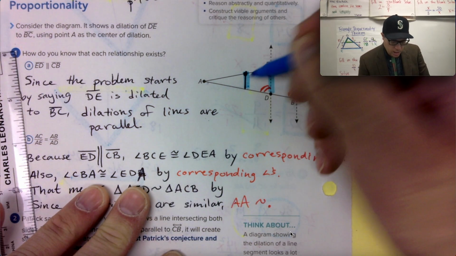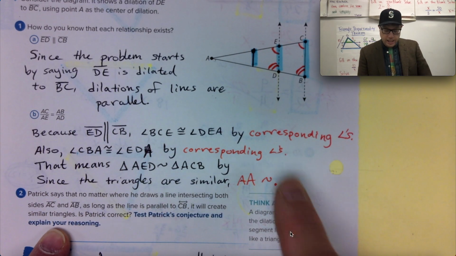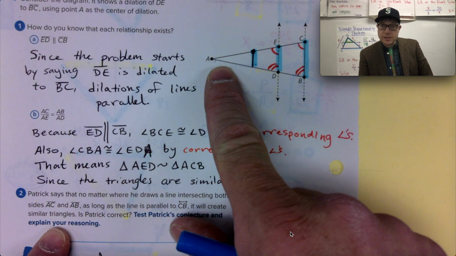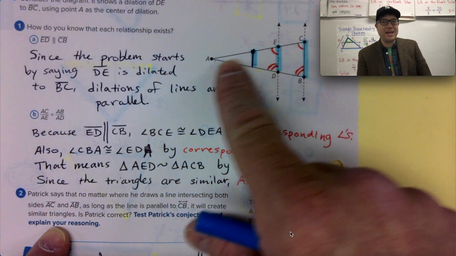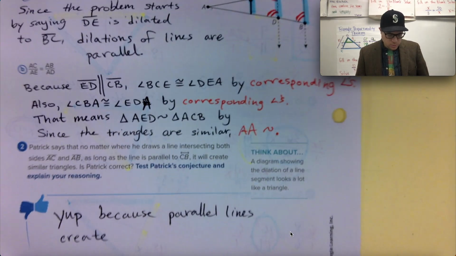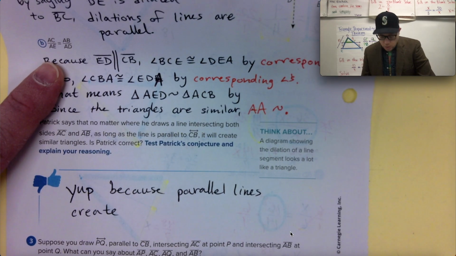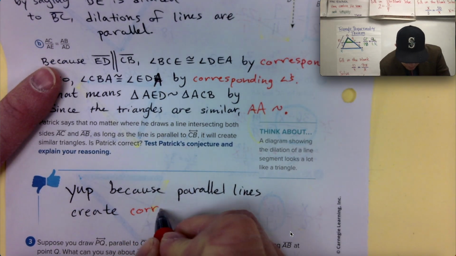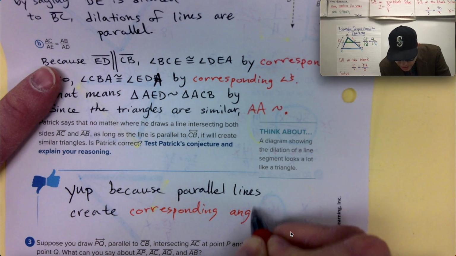Color is good. And when we do that, he's saying that it'll create similar triangles. Like this little triangle is now similar to this medium triangle, which is now similar to this big triangle. And is Patrick correct? Well, yeah. Parallel lines create corresponding angles. Now let's go back and think about that one for a second here.